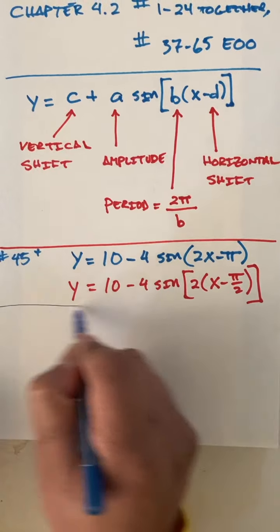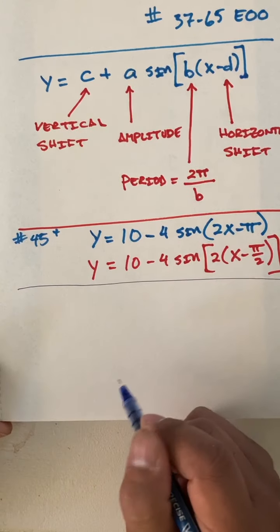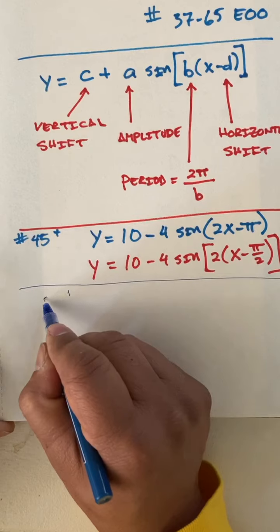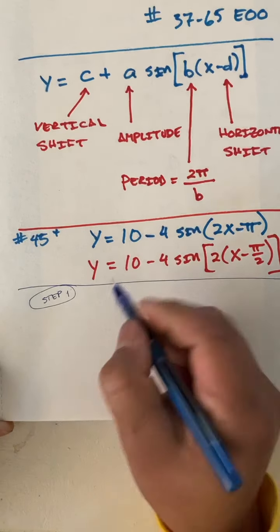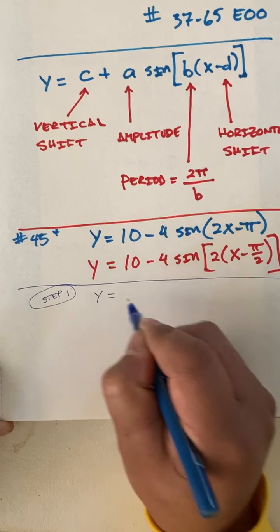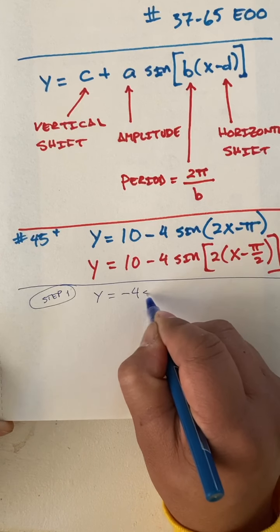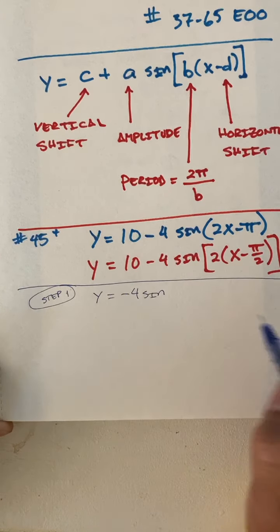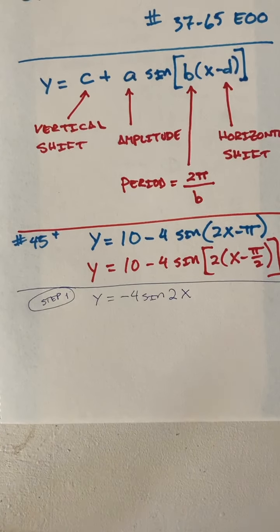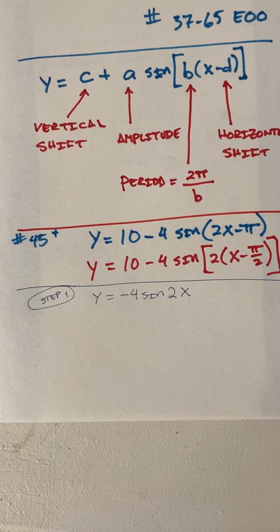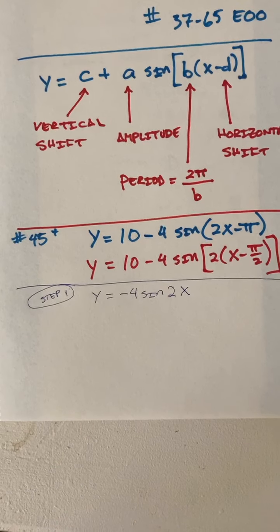So in simpler terms, this is what we're going to do first. So step 1, okay, is we're going to graph y equals -4 sine 2x. Okay, so we're going to start with something simpler, and then we're going to grow that outward.